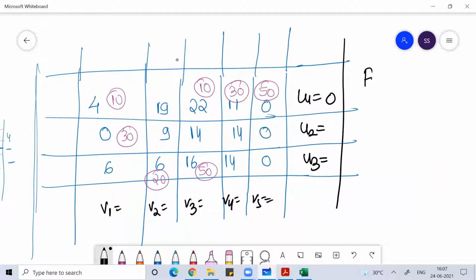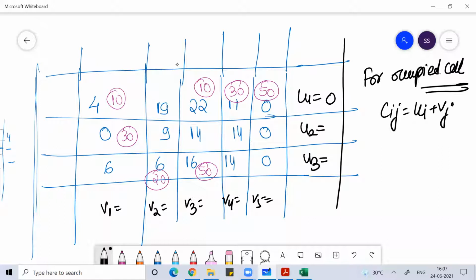Then we'll only focus on the occupied cells. For the occupied cells, we use the formula Cij is equal to Ui plus Vj. By applying this formula, I'll find the remaining values of U and V. So this would be 4, this would be 22, this would be 11, this would be 0.